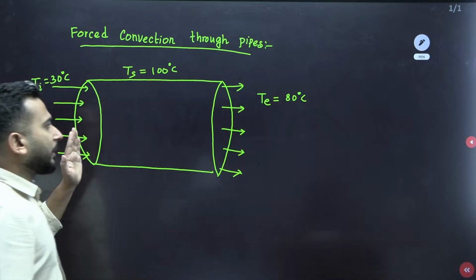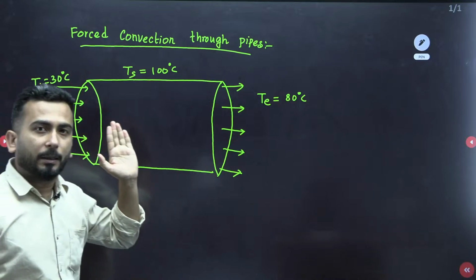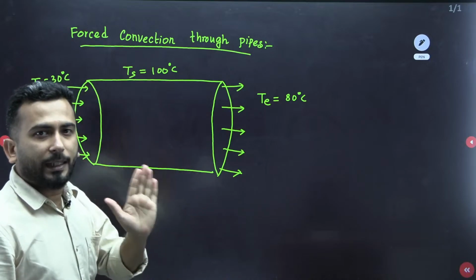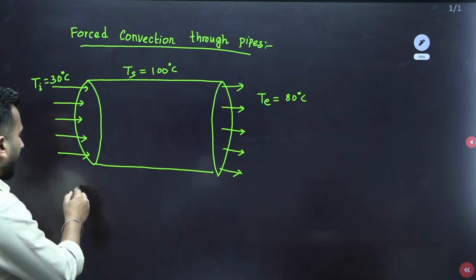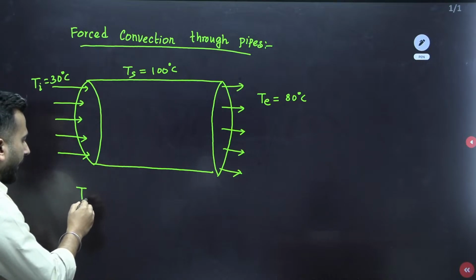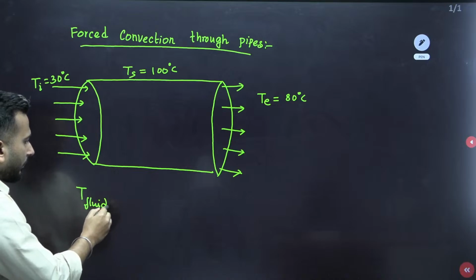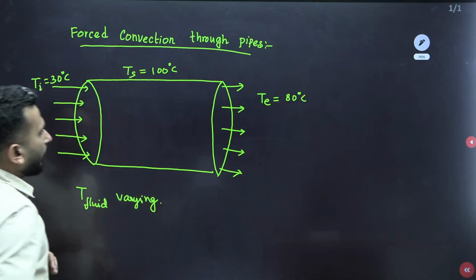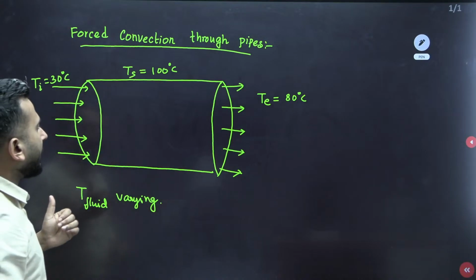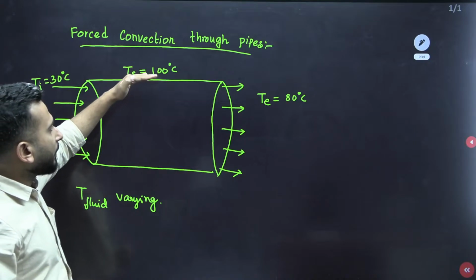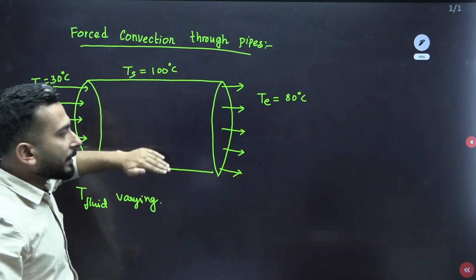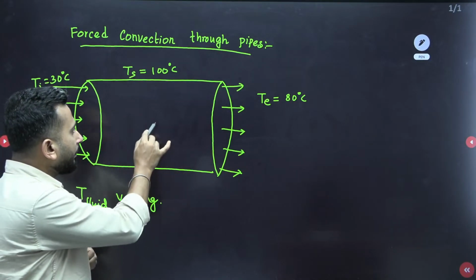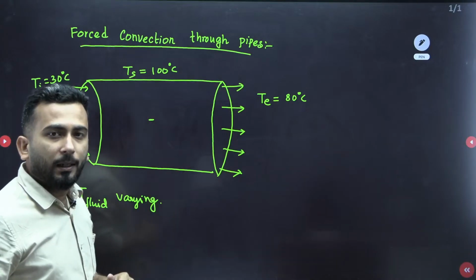That means the temperature of the fluid is varying. One more thing, my dear friends, you would feel that the fluid particle near the surface should have a higher temperature than the particle at the center. Why?